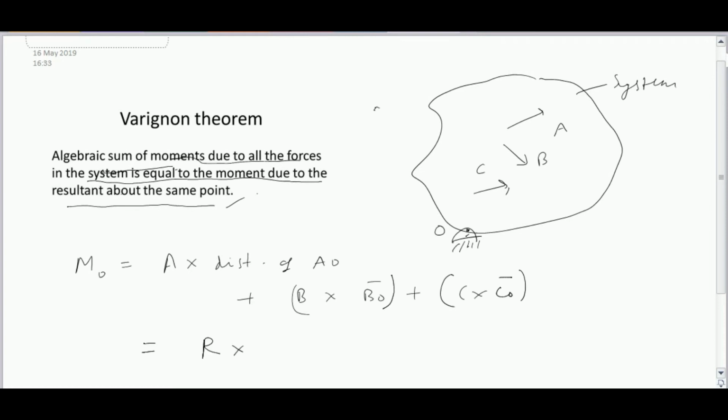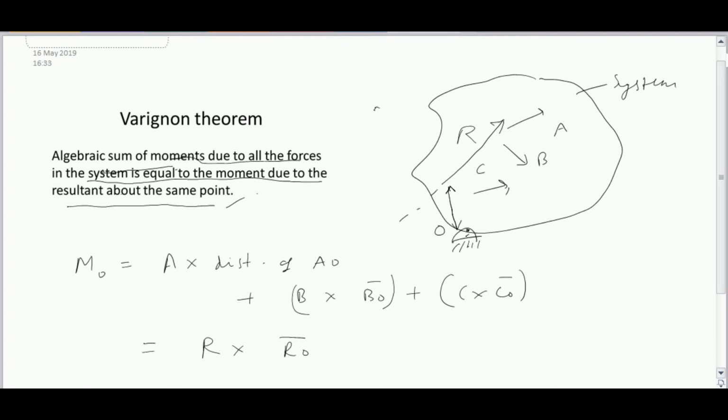What did Varignon say? The moment produced by these forces is equal to the moment produced by the resultant of these forces. So if there is a resultant of A, B, C, which is known as R, then MO is equal to A into AO plus B into BO plus C into CO, which is equal to R into the distance between O and R, which should be the shortest one.